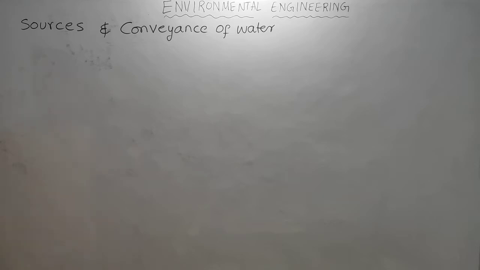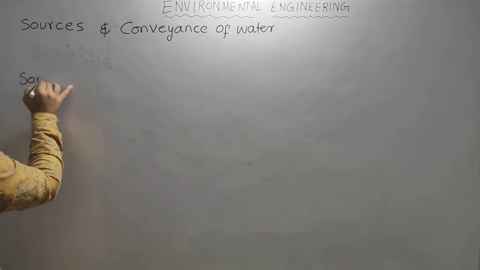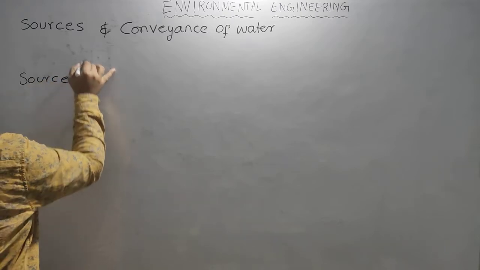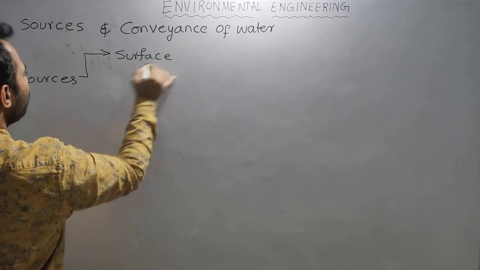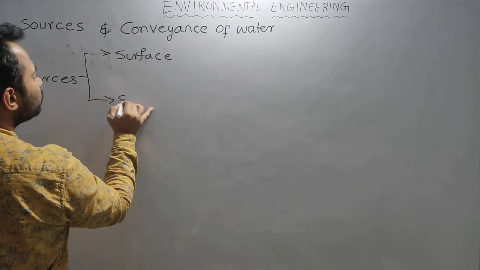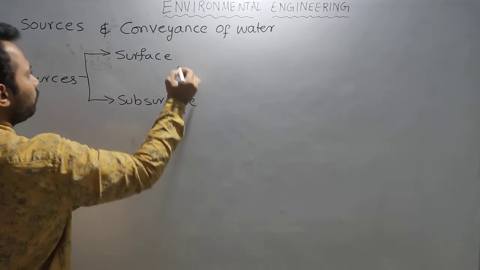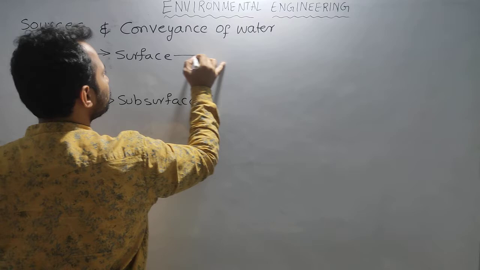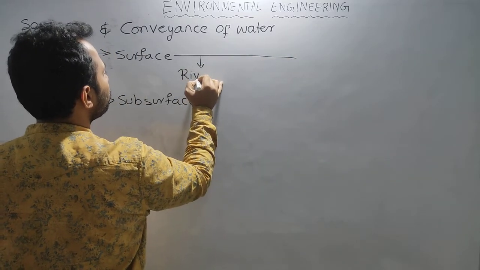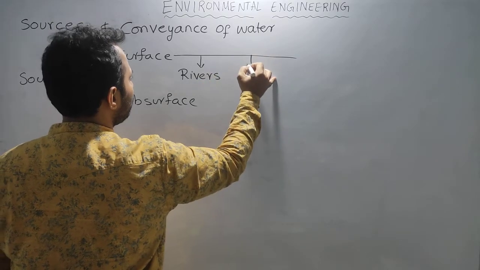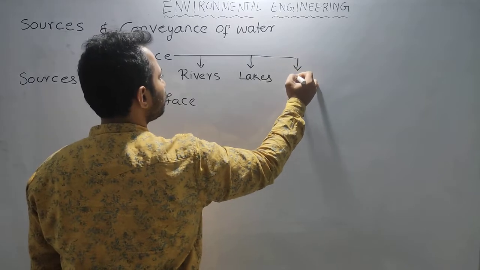Now, basic sources are of two types: surface and subsurface. So surface sources are rivers, lakes, ponds, and reservoirs.